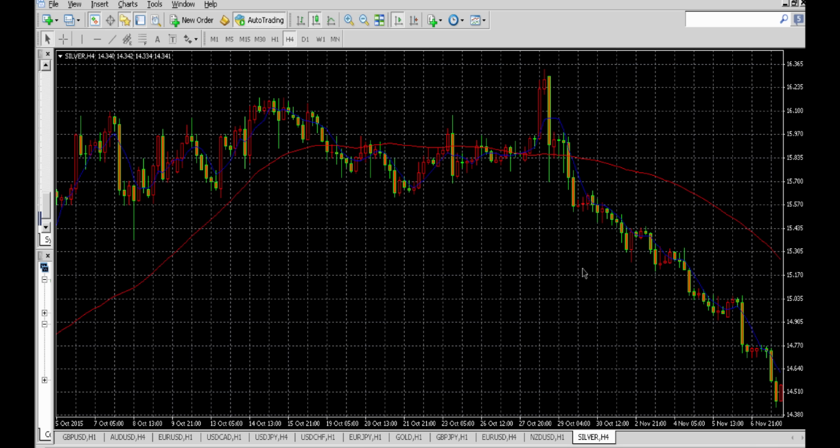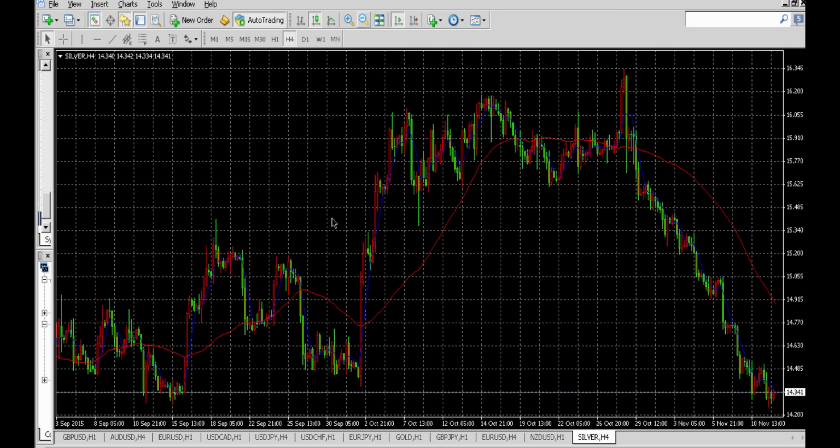So if you look at it, a simple way to trade using the crossover is when there is a crossover right here, boom. This is where you can go in a long position because it's signaling that a new uptrend is forming. And indeed, you can see it going up.